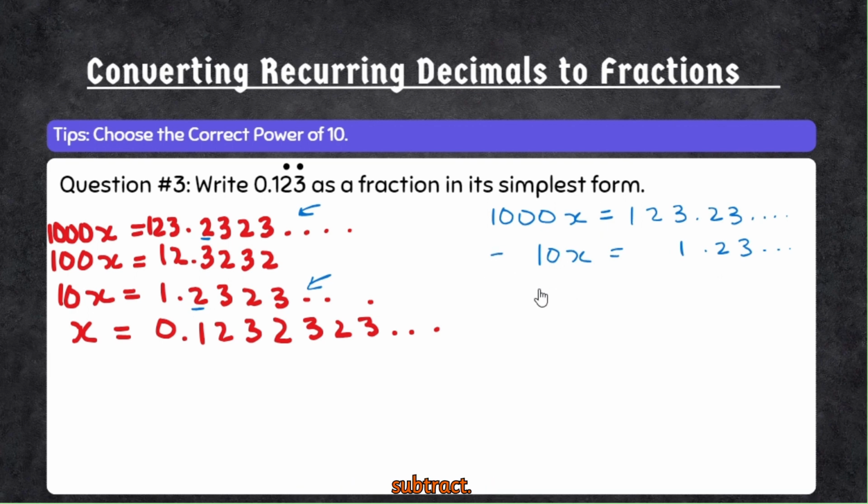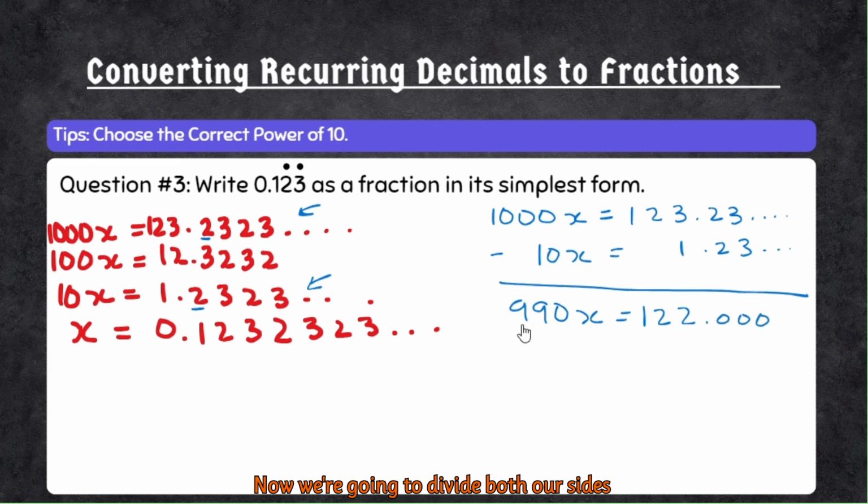Now we are going to subtract. So 1000x minus 10x is equal to 990x, and this would give us 123 minus 1, so 122.